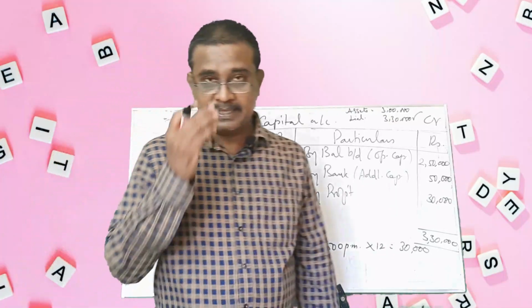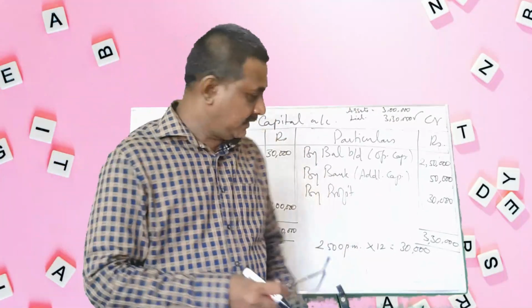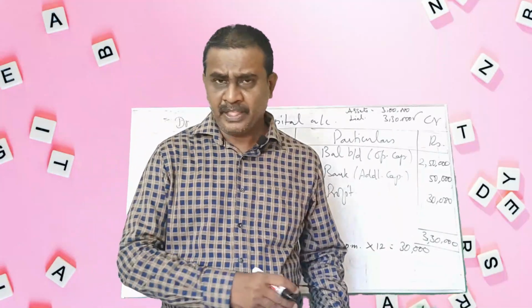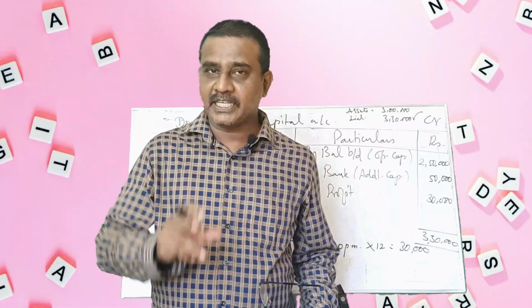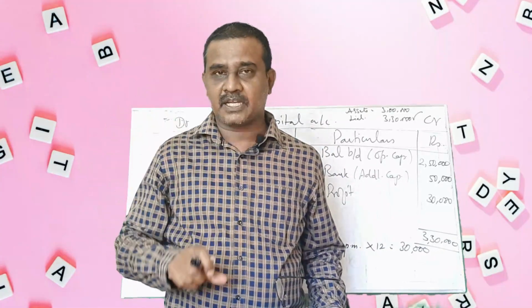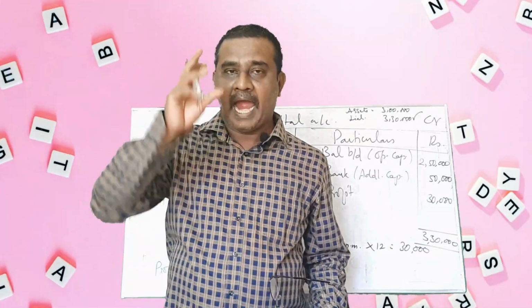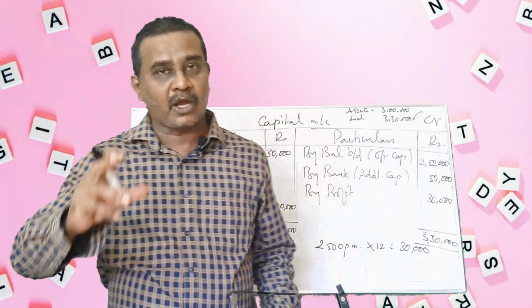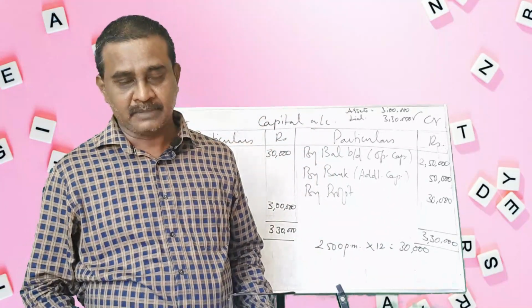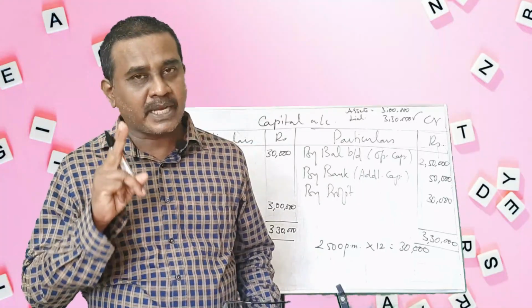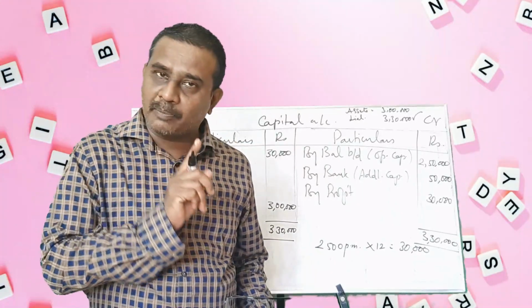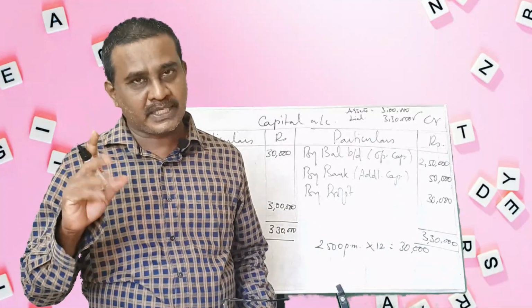Now let us recollect what we have studied. First, if two columns are given and two figures are given, keep the figures given in the first column as the opening balances and the figures given in the second column as closing balances. Then you have to prepare two statements of affairs to find out the opening capital and closing capital.